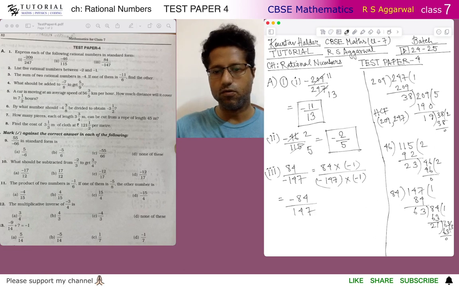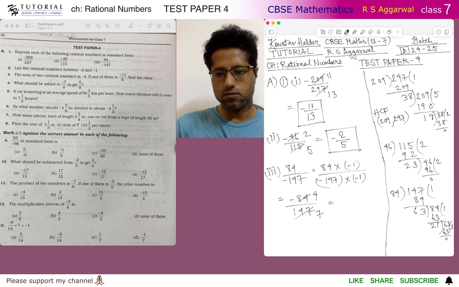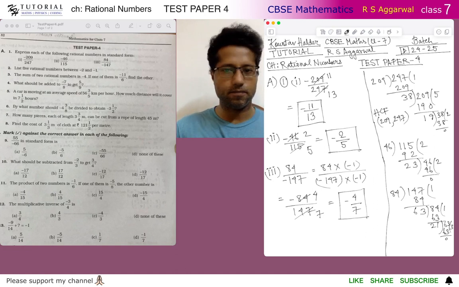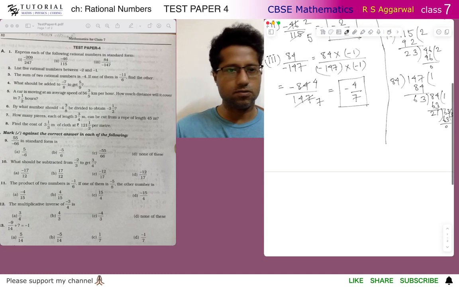So we divide the numerator and the denominator by the common divisor, that is by 21. If we divide 84 by 21, it is 4, and if we divide 147 by 21, it is 7. So the rational number in standard form is minus 4 by 7. So question number 1 is done. Okay, let's do question number 2.